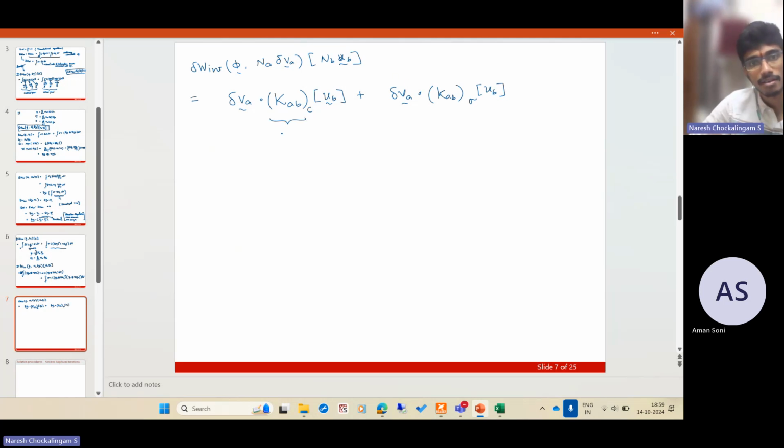So this is called the material tangent stiffness matrix, the material component of the tangent stiffness matrix. And this is the stress stiffening matrix.